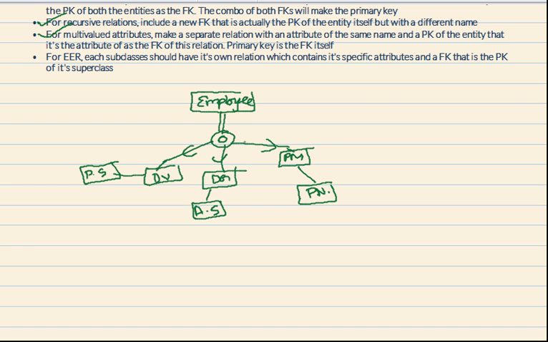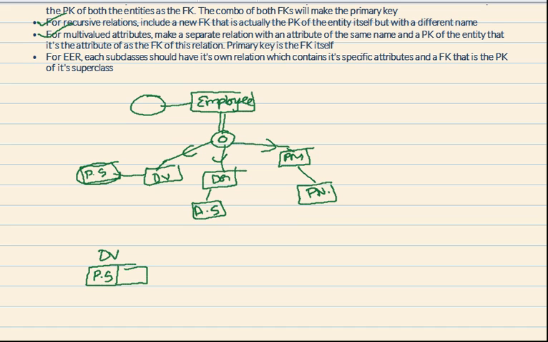So like in the normal ER diagram rule, we would have already drawn a relation table for employee. But for these three, we would have to draw another relation table. For example, the developer table would have the attribute programming skill, and suppose employee had an SSN.